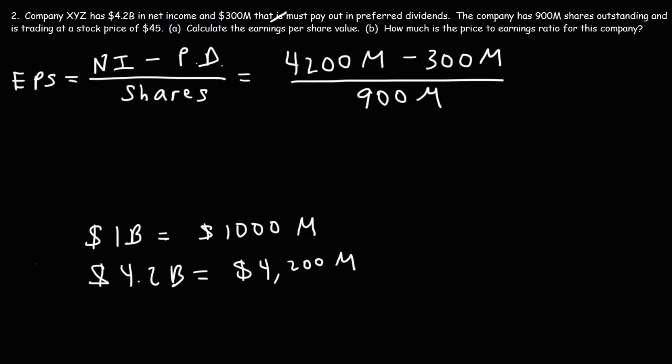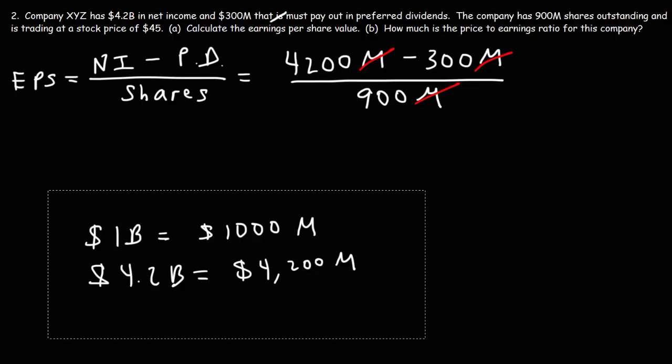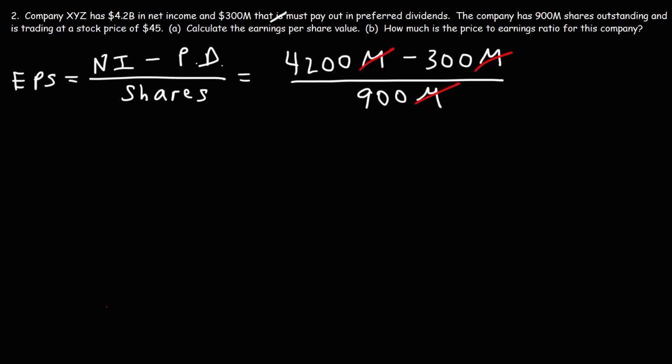In order to get the answer right, you want to make sure that the units match. So 4,200 minus 300, that's going to be 3,900. So we need to divide 3,900 by 900.